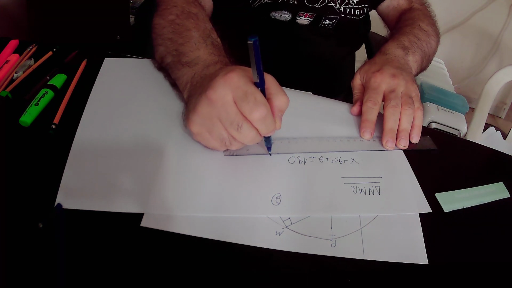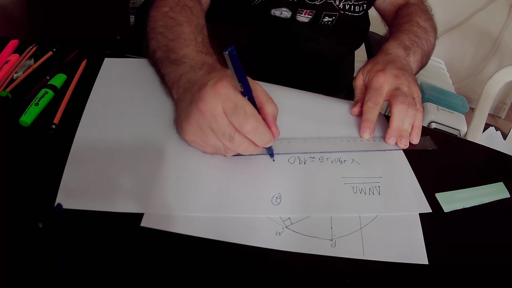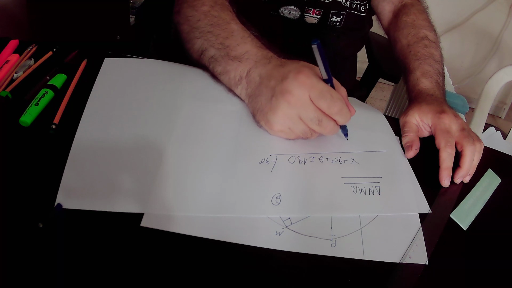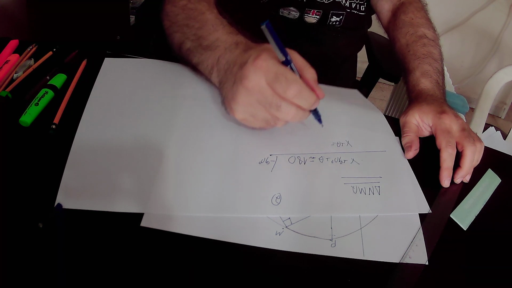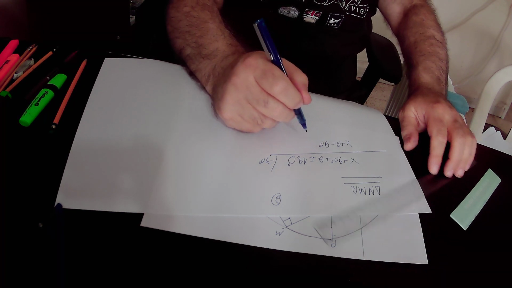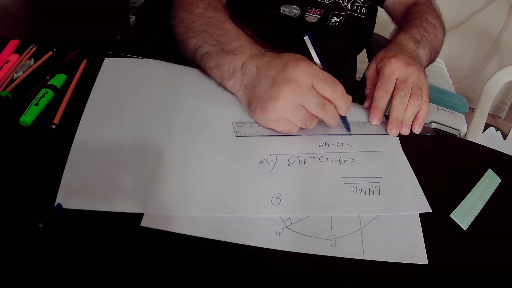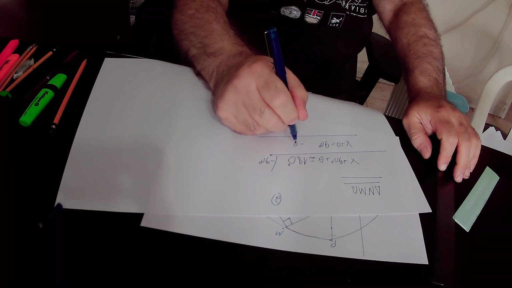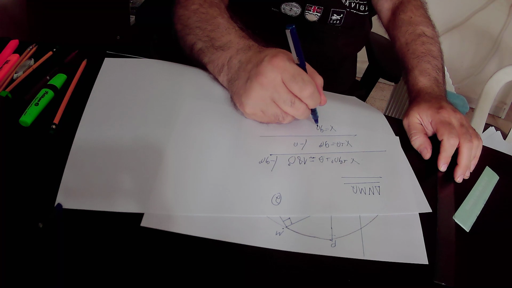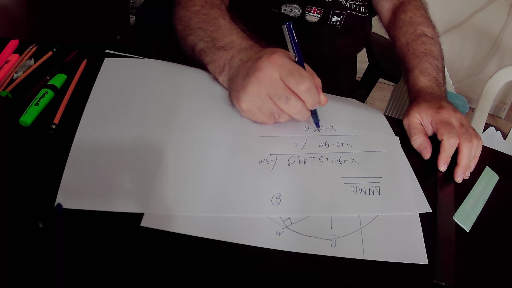Here we will subtract 90 degrees from this equation and we will get that x plus theta is equal to 180 degrees minus 90 degrees. It is 90 degrees. We will subtract theta from this equation and we will get that angle x is equal to 90 degrees minus theta.